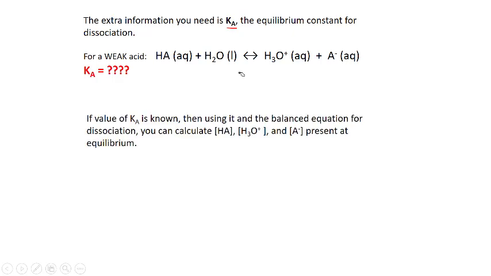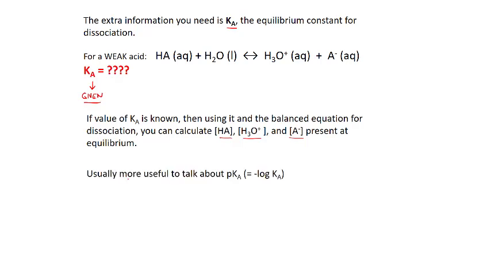As long as the value of your Ka is known, then you can use it in the balanced equation for your acid or base dissociation, and then you can calculate how much conjugate acid, hydronium, and conjugate base are present at equilibrium. This is typically something that's going to have to be given to you.